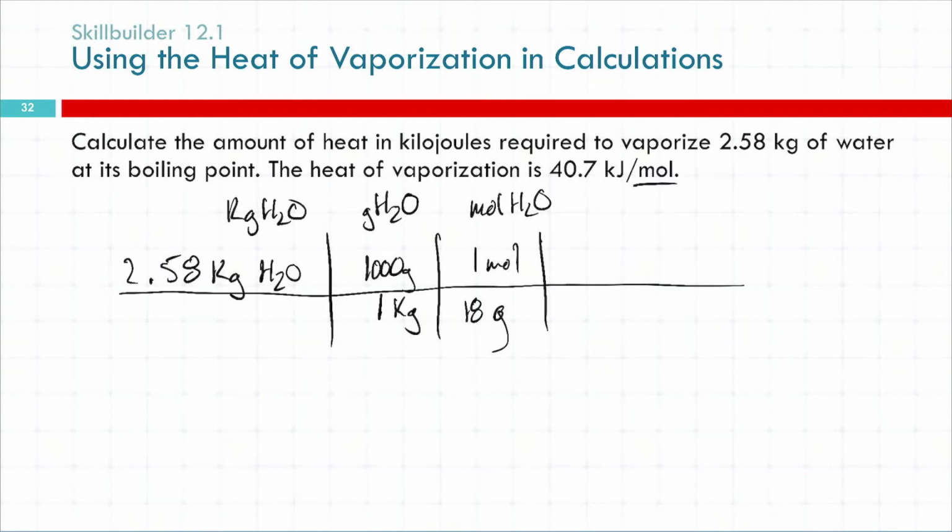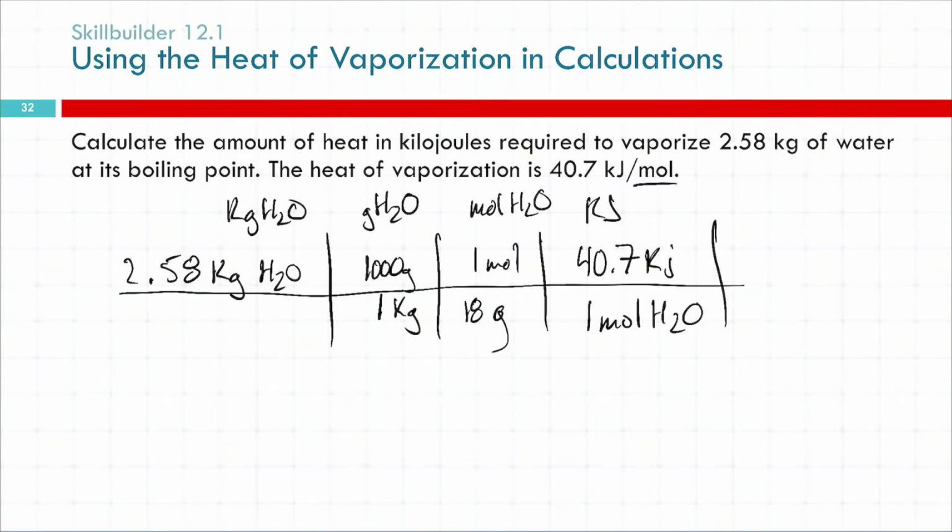So once we have that, now we will have moles here in our next column, and we want to convert to kilojoules. And so we get 40.7 kilojoules. That's the unit we want. I wrote kilograms, but kilojoules per 1 mole H2O that we are boiling.